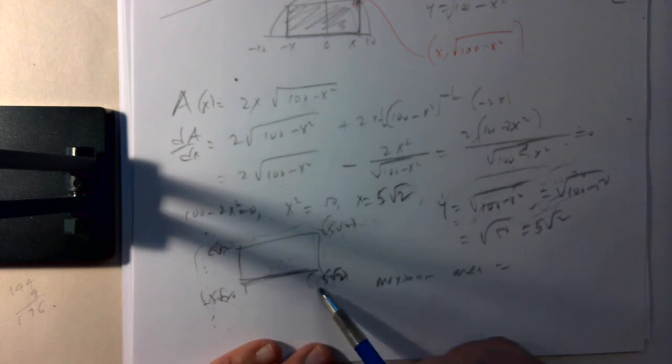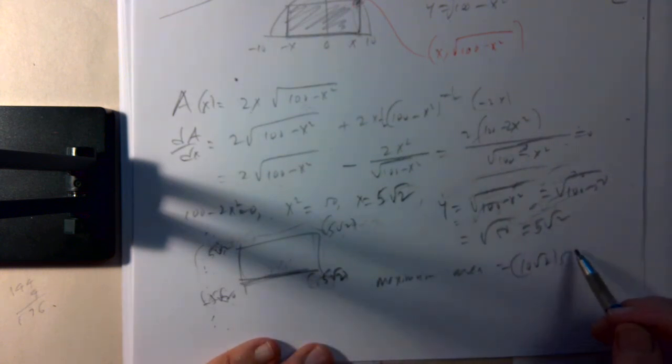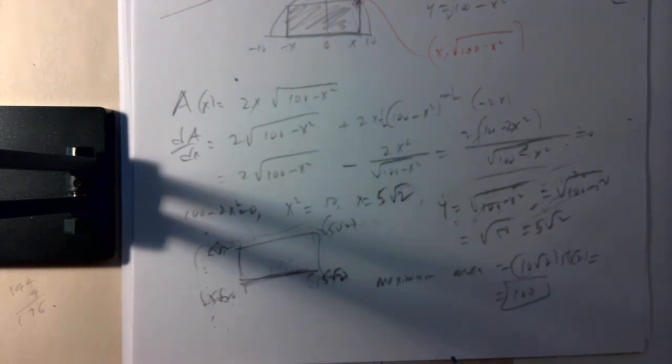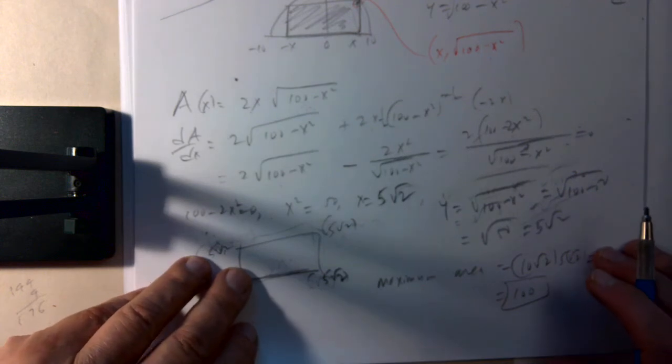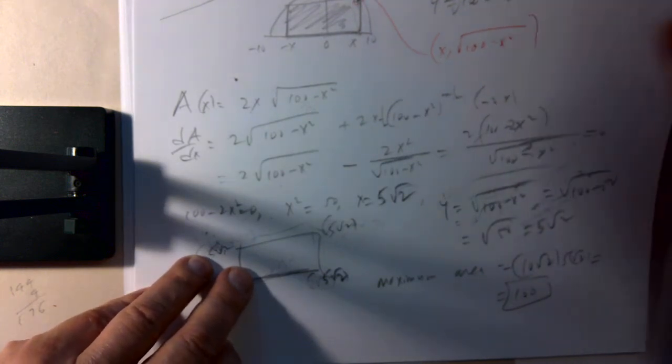From minus 5 root 2 to 5 root 2 is 10 root 2 times the height, which is 5 root 2. So that's 5 times 10 is 50 times 2. So we get 100 is the maximum area of this inscribed rectangle. Okay.